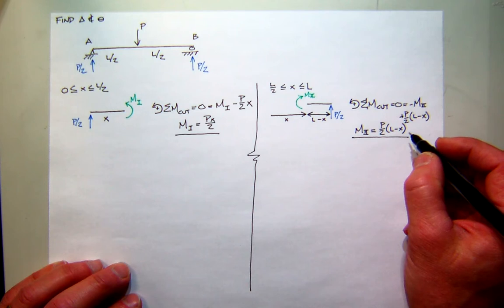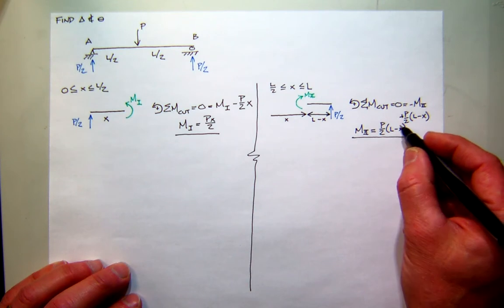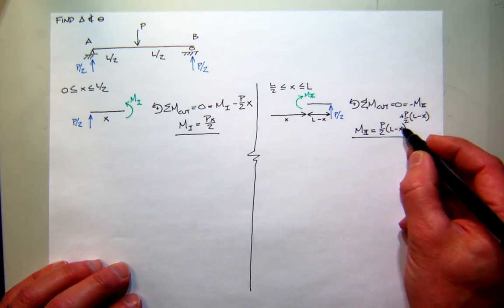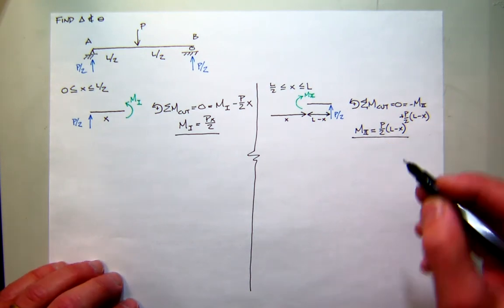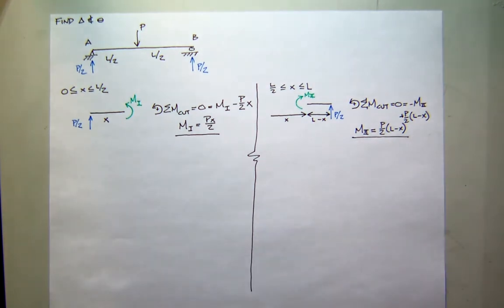Oh, that's right. L minus L over 2 is L over 2. You get PL over 4. So they match. They not only match on the ends where you know it's 0, they match where they connect, at L over 2. I like that. So I think we're okay.